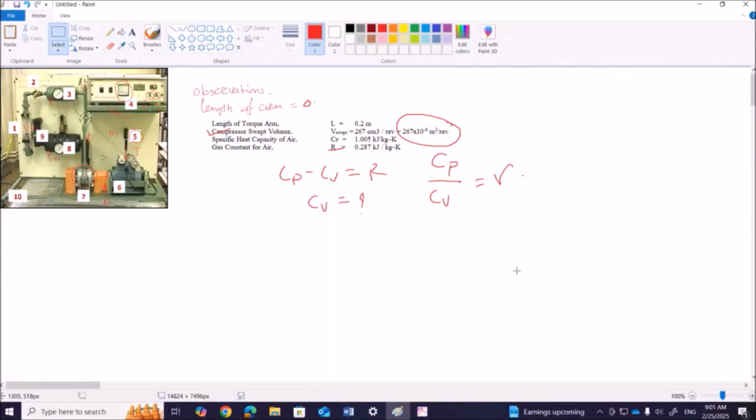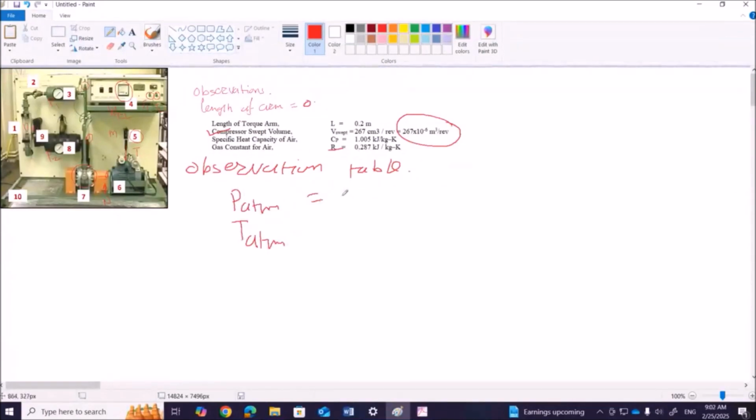So this is the observation given to you, and you need to write it from your lab manual as given data. Now the observation table. How to prepare the observation table? First I need to measure the atmospheric pressure and temperature. Here the atmospheric pressure is 1.01325 bar, we can write 1.01 bar, and it is nothing but 1.01 into 10 to the power 5 Newton per meter square.